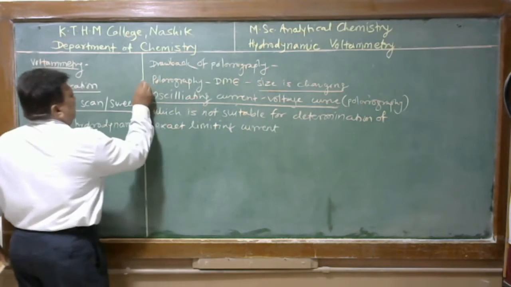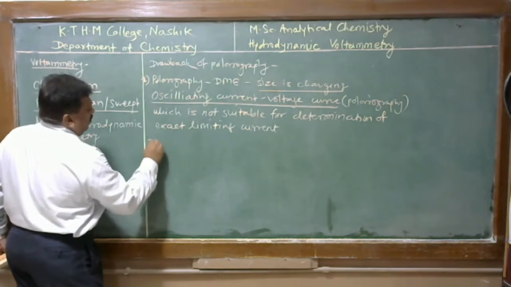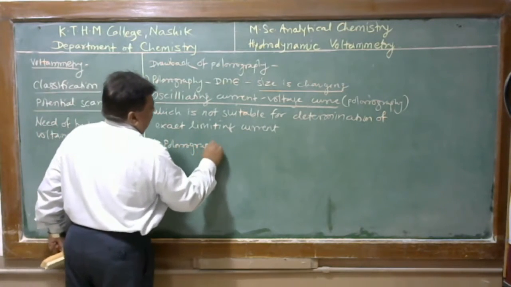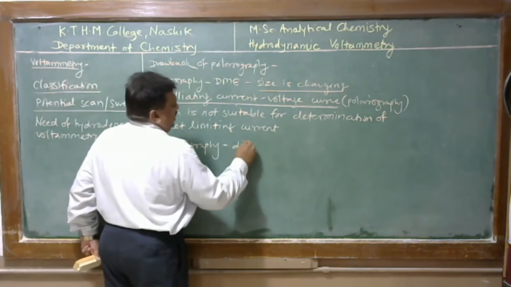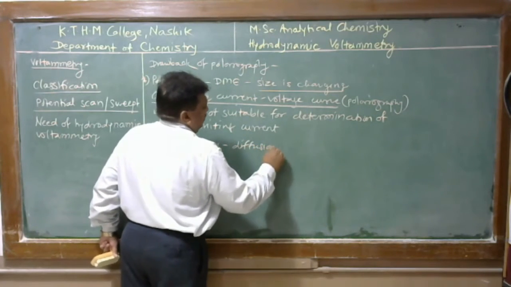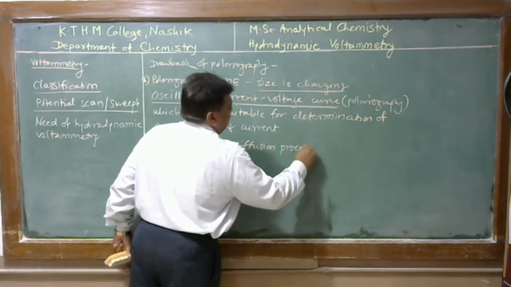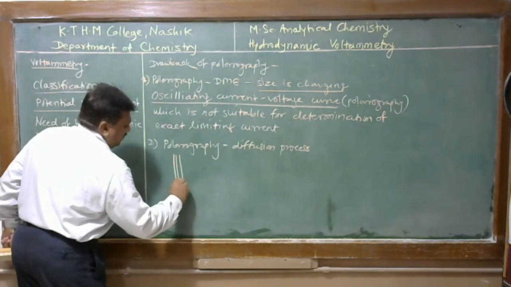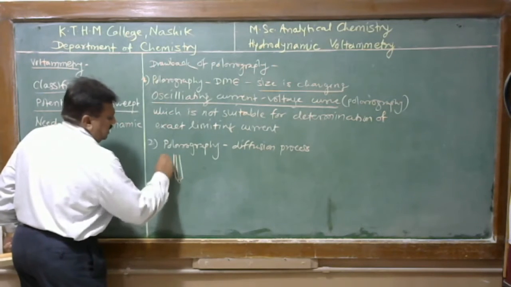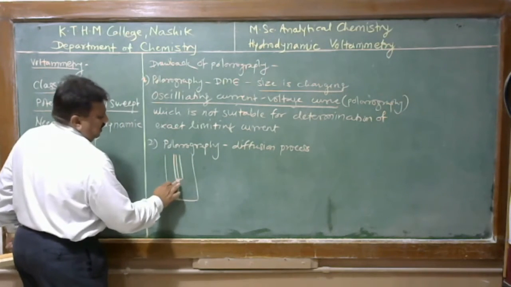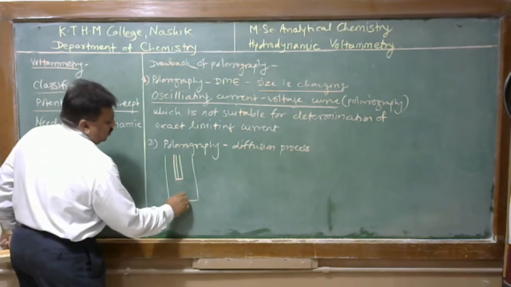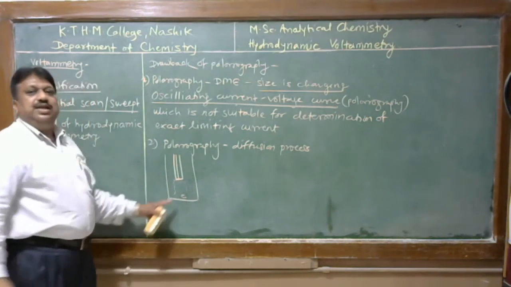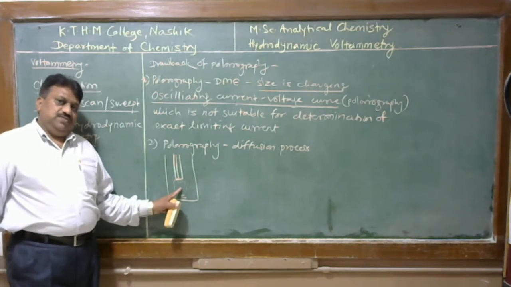The second drawback is that in case of polarography, the diffusion process controls the rate of reaction. But when a mercury drop is generated on the tip of the capillary and falls in the solution, the diffusion process is disturbed in the vicinity of the electrode.